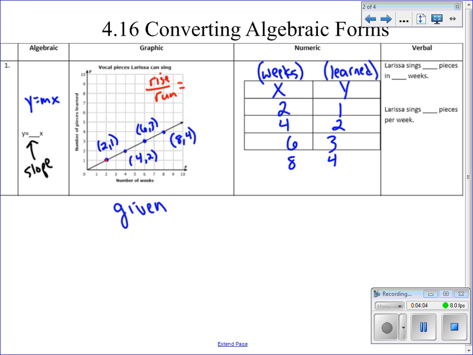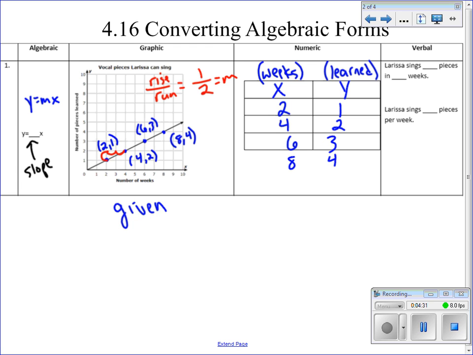How many are we rising? Well, we're going up 1. And remember, when you're looking at a graph, you have to go over here and look at our scale and make sure that each interval is actually going up by 1. We notice we're going up from 1 to 2, so it is actually a rise of 1. And then we're running, or going side to side, 1, 2. We look down at our scale, they are going up by 1, so we actually are rising 1 over 2.